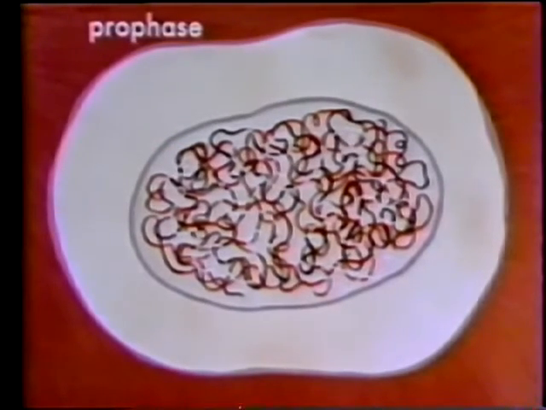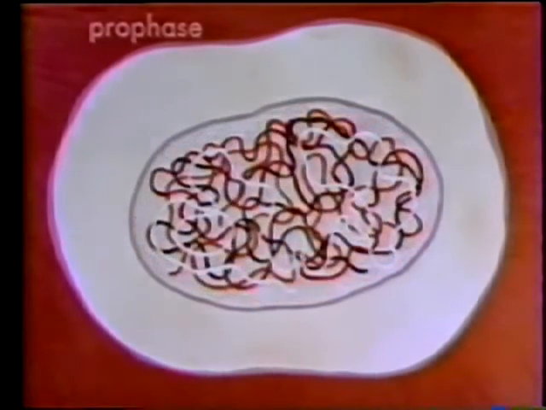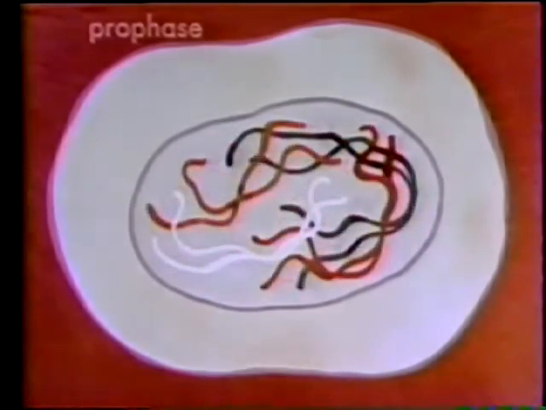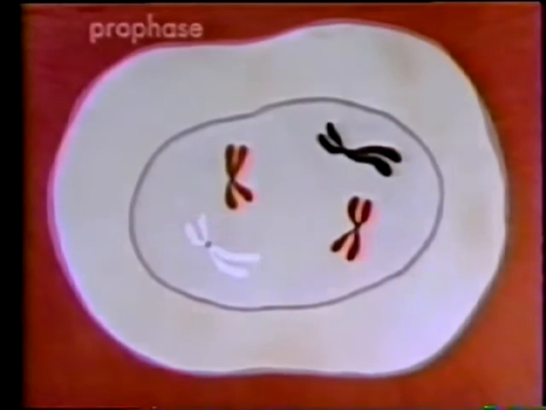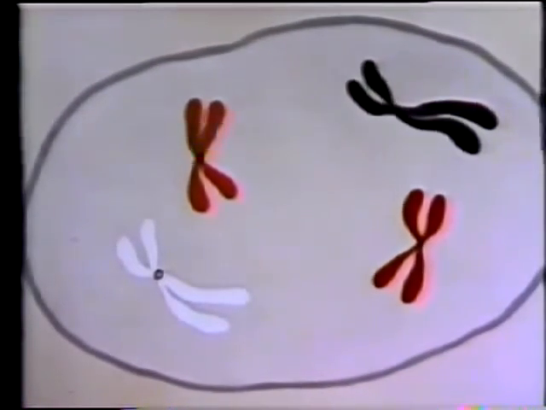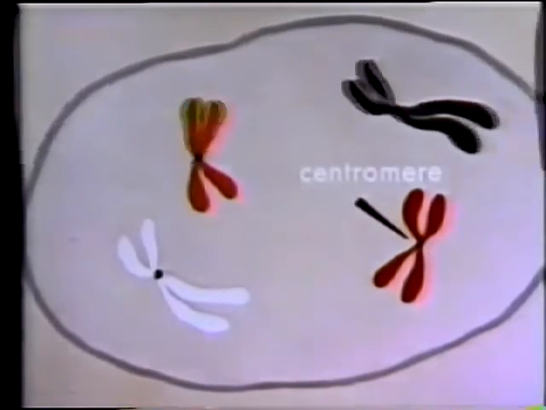Prophase is the first visible act of division, and it starts with the coiling of the chromatin to form chromosomes. As the coiling continues, the chromatin threads form into the conspicuous double chromosomes. Each set of identical twins is joined at a single point called a centromere.